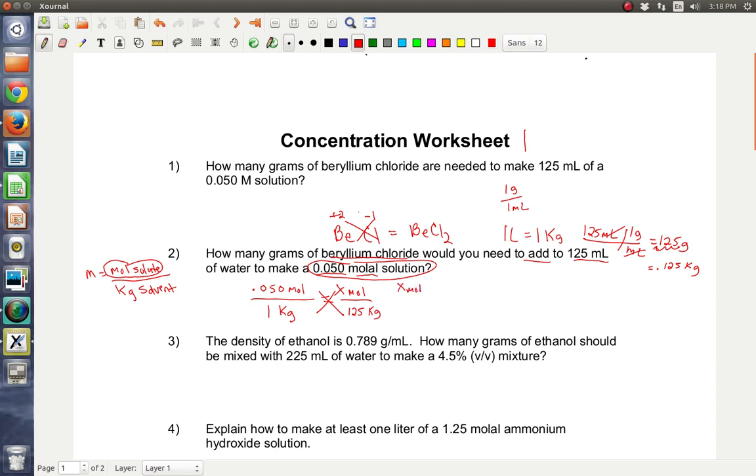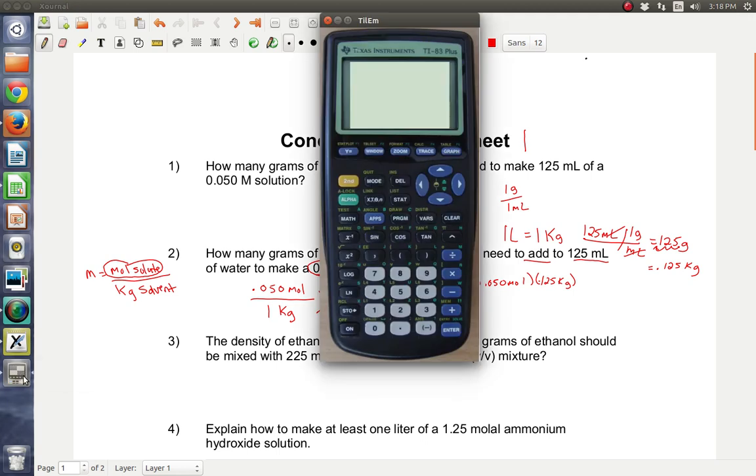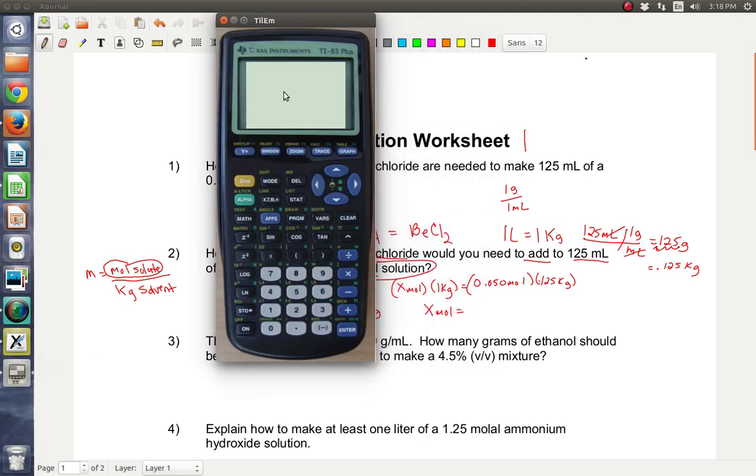So x moles times 1 kilogram equals 0.050 moles times 0.125 kilograms. All right, divide both sides by 1 kilogram, and x mole is going to equal, so I'll pull up my calculator, move it over a little bit, turn it on, we have 0.05 times 0.125.